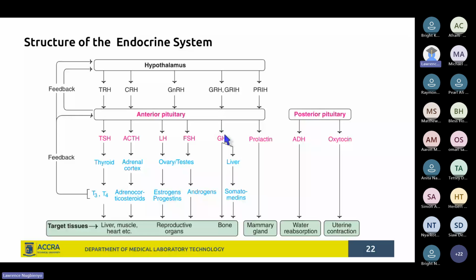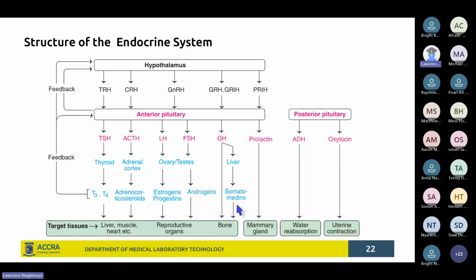And that growth hormone can act directly on bones. So in children, it will result in growth, say elongation of bones, and of course growth of other tissues. The growth hormone also acts on the liver to release somatomedins, which we saw much earlier, also regulating growth.